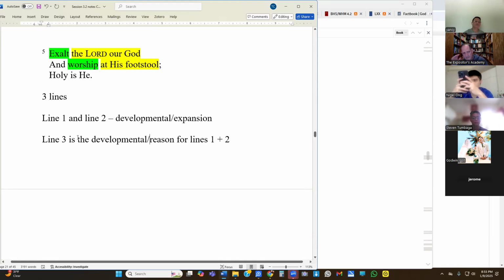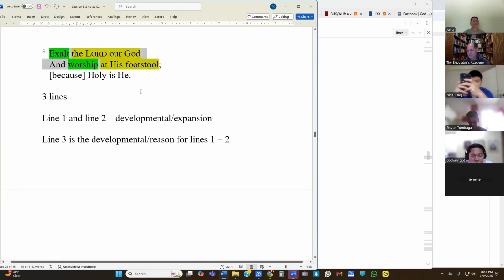You see that? Again, it's the same idea. The word because or for is not written here, but I think that's the idea. It's implied. Why should we exalt and worship? Because he is holy. Okay? And again, it's just going to follow the pattern we see explicitly down in verse 9.